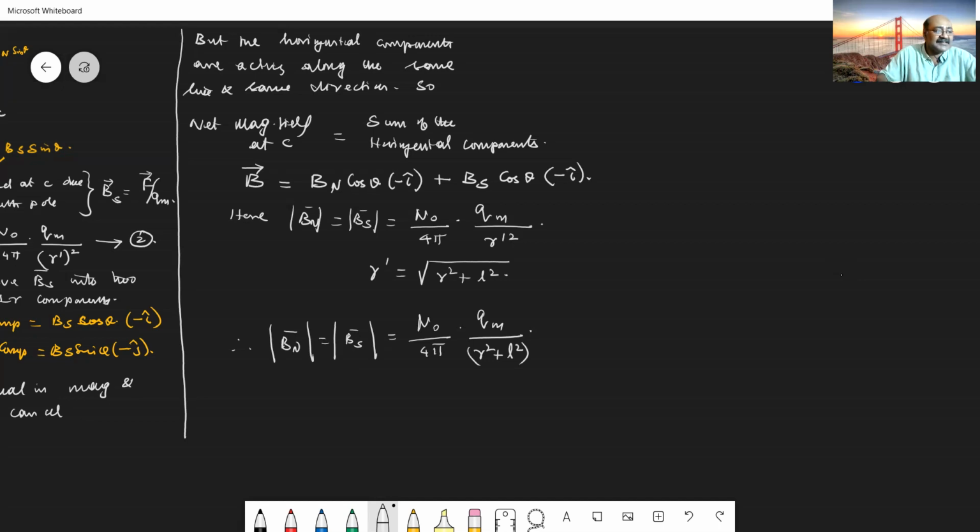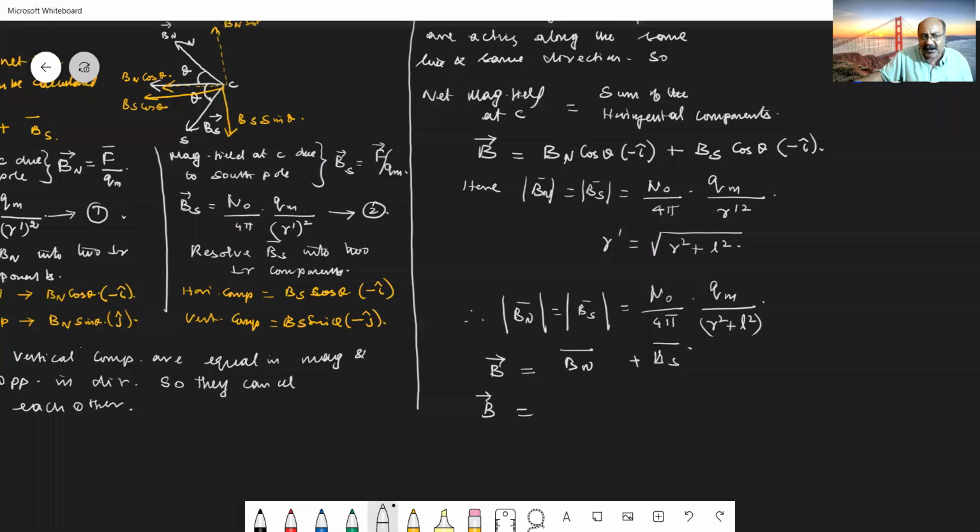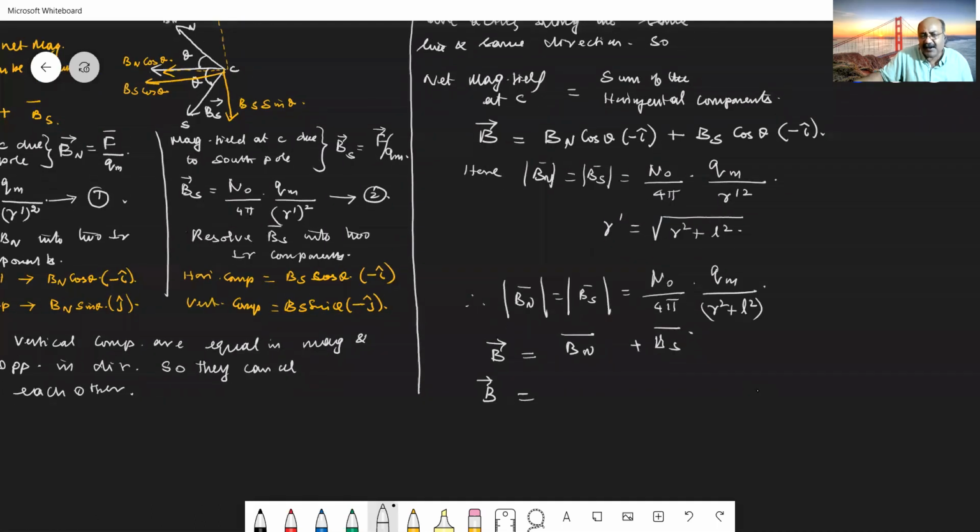What is the resultant then? How can I write it? B vector is equal to Bn vector plus Bs vector. Here only the horizontal components need to be added, according to the concept in the book. What is this Bn vector? Bn vector is the horizontal component plus the vertical component.